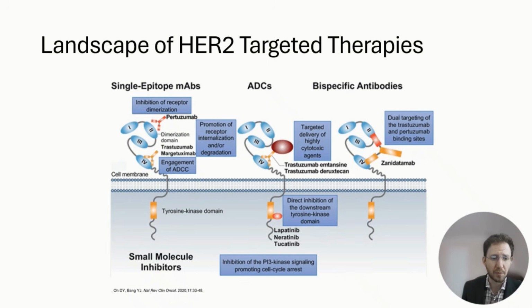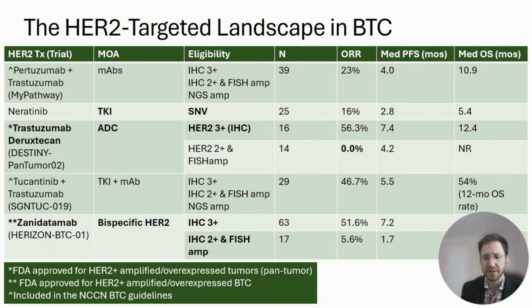And here's a table giving an overview of the experience of HER2 inhibition or antagonism when it comes to biliary tract cancer patients. And right now we've got two FDA approved agents, one with a tumor agnostic approval and one biliary tract cancer specific, and that's zanidatamab, that can be used in this space.